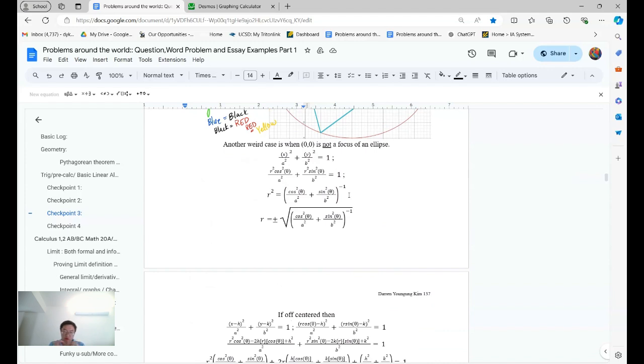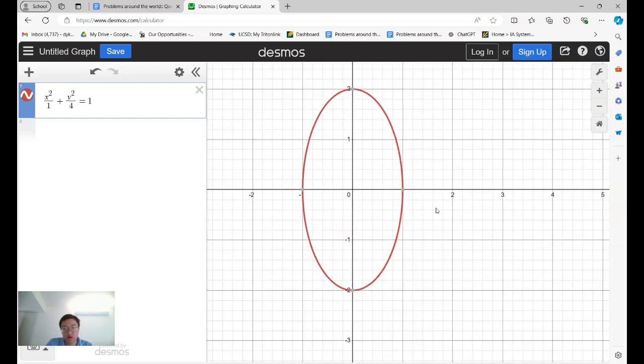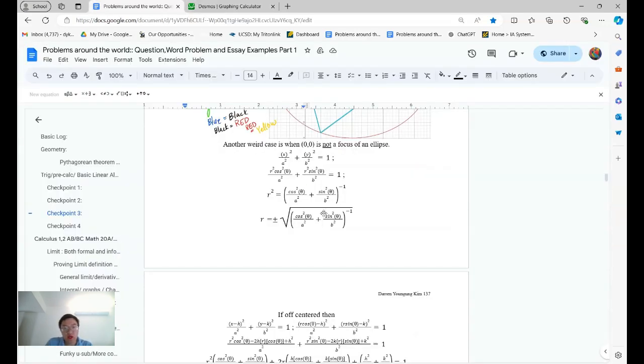So if for some reason we have x squared over 2 plus y squared over 2 equal 1, we know where that is, and if I change this to 4, we change the whole picture of this equation. Now if I were to make that into polar, according to what I put over here, this equation should be able to just transfer to polar.